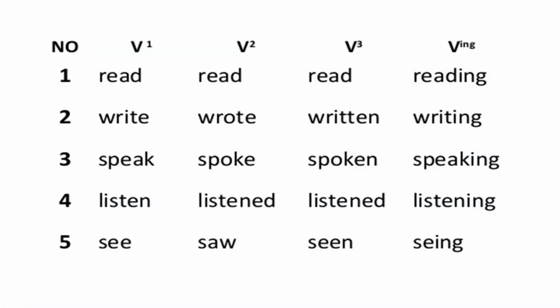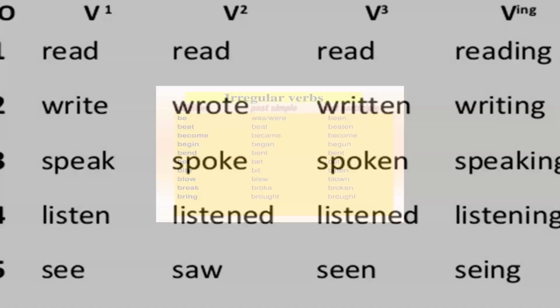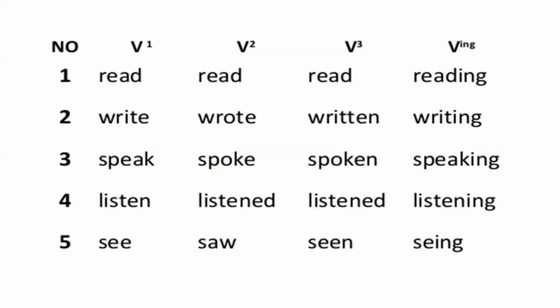Briefly, the first slide and the next one, just to distinguish between the verb forms. In the first one, we have V1, the first form of a verb, the second form, and the third form: present form, past form, past participle, and V-ing, the gerund or the noun of this verb.